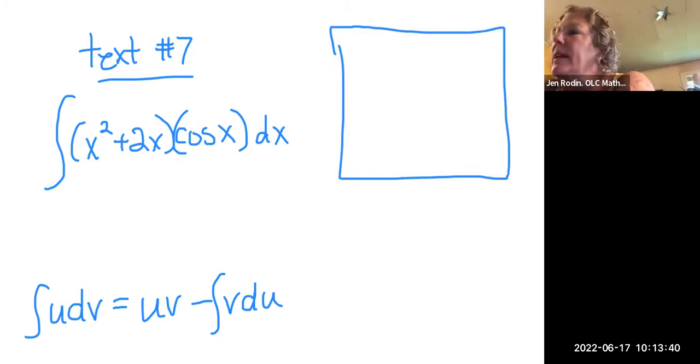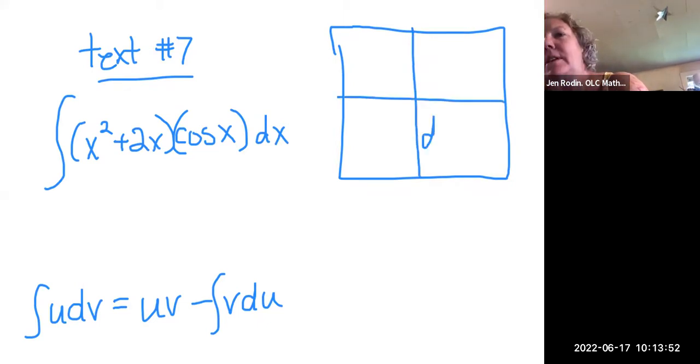The derivative of cosine would be negative sine, so that wouldn't be any simpler. So that's the one that's going to be the dv. The u is going to be the polynomial.